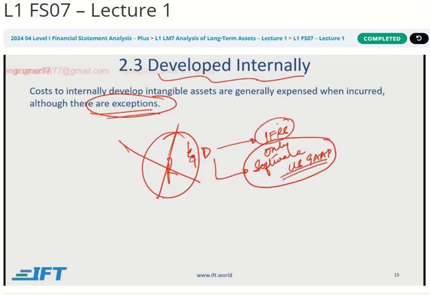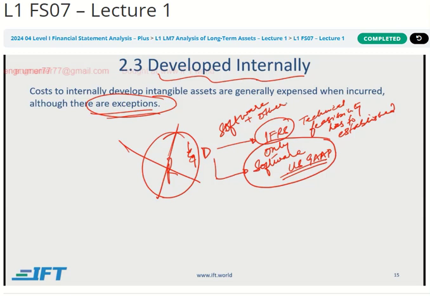And there is some more detail that I need to tell you about IFRS as well, because they want the technical feasibility to be established. Now, what does that mean? That means that IFRS allows you to capitalize development expenses for software and even for other things like cancer research or whatever, right?